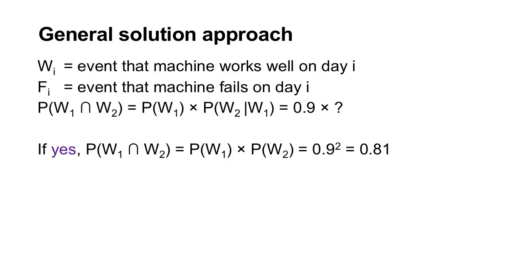Now what is it? If you ask engineers, they like to talk about the so-called bathtub curve. A new machine often has breakdowns because it isn't perfectly calibrated, so the probability is maybe a little elevated, and a machine working well for a day or 2 or 3 indicates that the machine is calibrated and the probability changes.